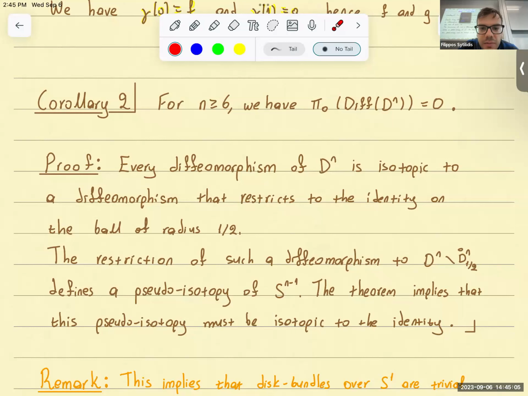Yes, the picture Filippos had of taking a pseudo-isotopy. Exactly, this is very, very related. In fact, that's exactly going to be the connection between this pseudo-isotopy problem and the theory of Morse functions and Cerf paths. This observation is quite key in this whole story, and we're going to make it hopefully very soon. But yes, definitely very related.